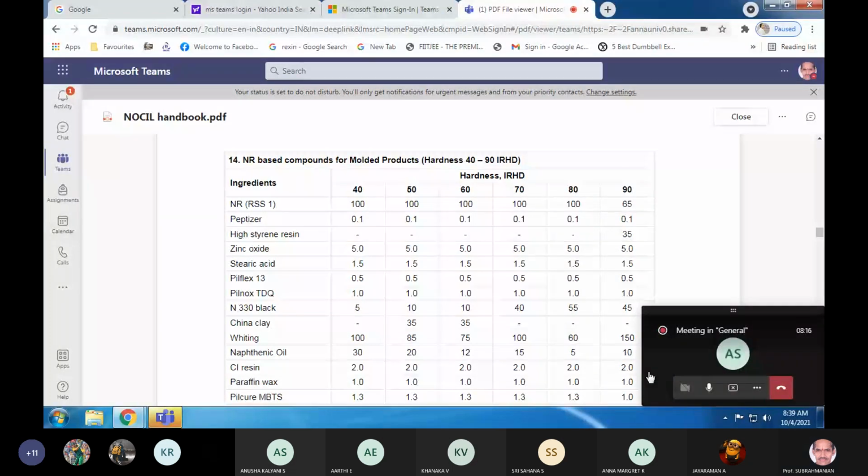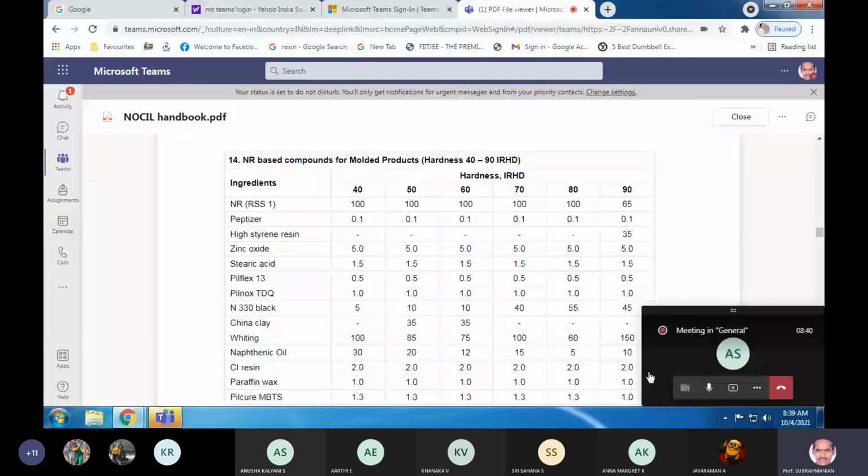Right? Zinc oxide as an activator, stearic acid. So that is a combination we are quite comfortable with. The current formulations look at zinc oxide of a lower concentration, 3 parts, in certain cases 1.5 and 2.